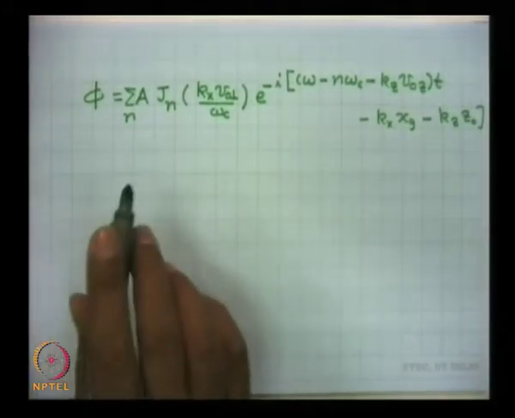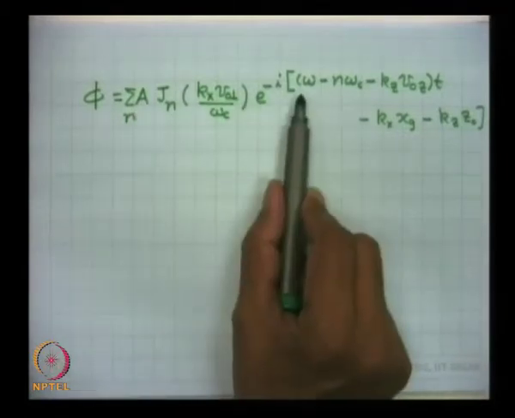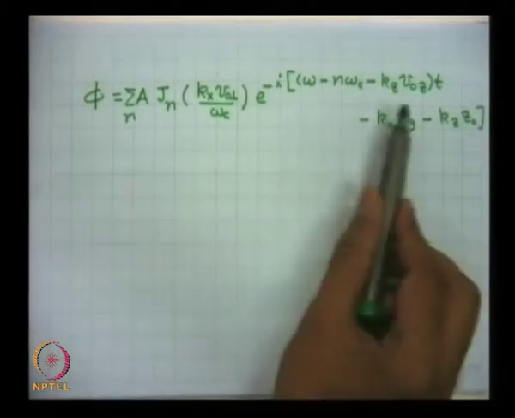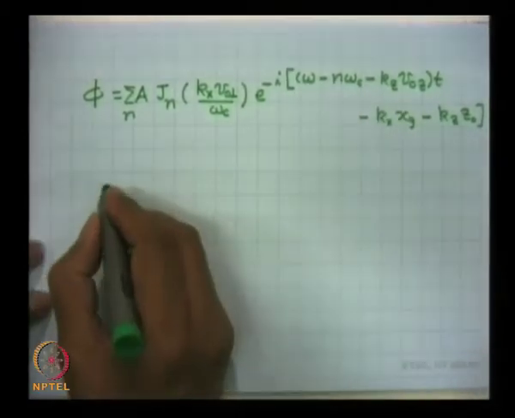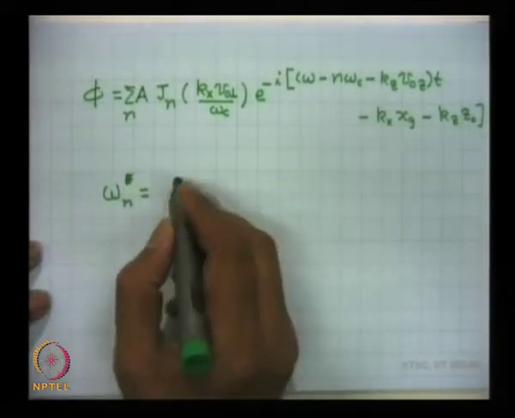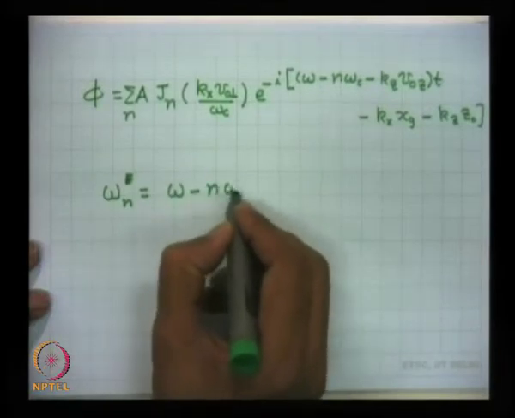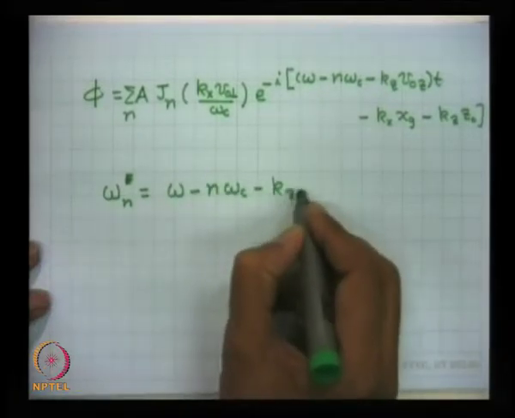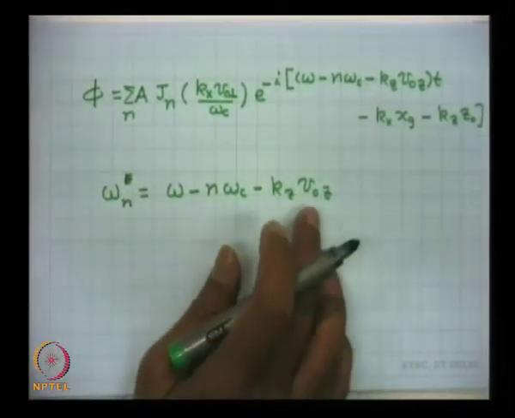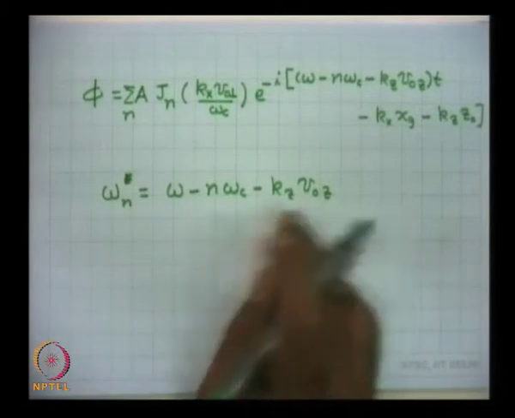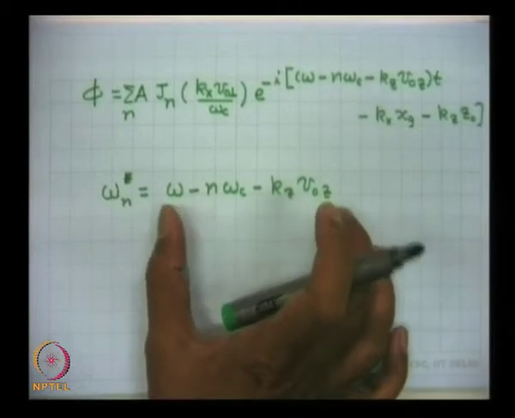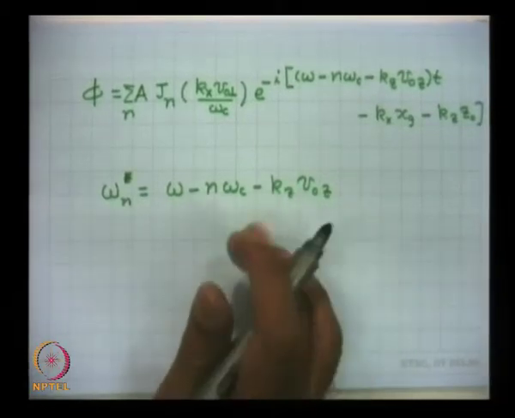My main point was that a wave of frequency omega, when viewed by a gyrating and moving electron, the frequency is no longer omega, but it is omega dash, or rather I will call it omega n, which becomes omega minus n omega c minus kz v0 z. And if you can choose your particle velocity v0 z and n in such a way that this becomes 0, then we say that for the particle the wave field will appear like a DC field.